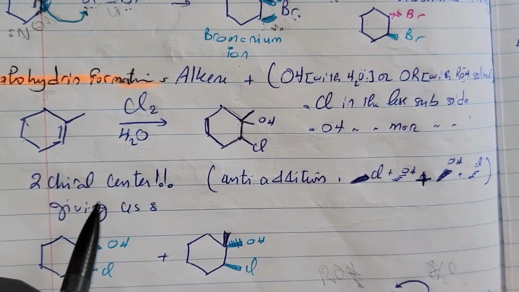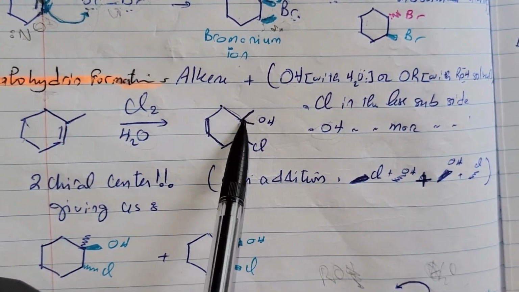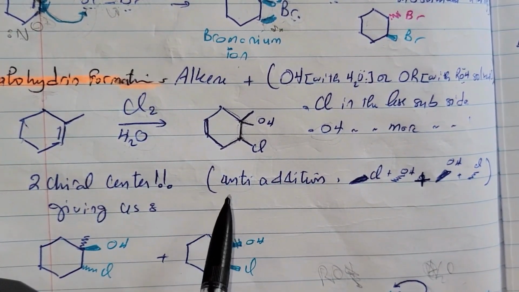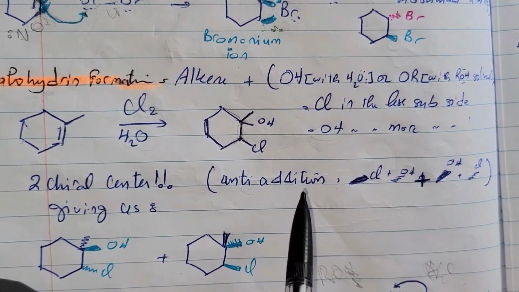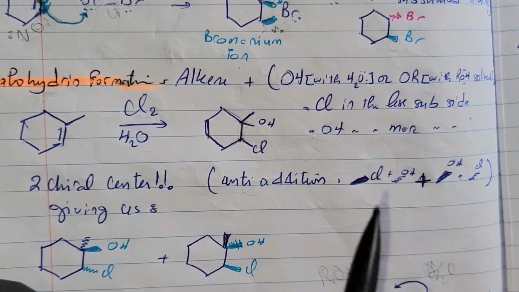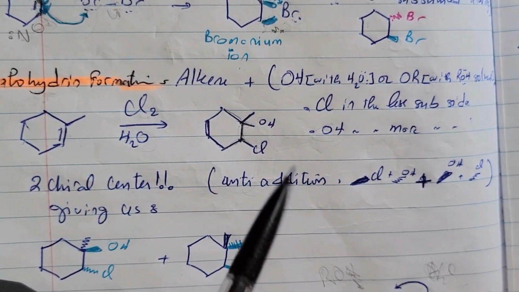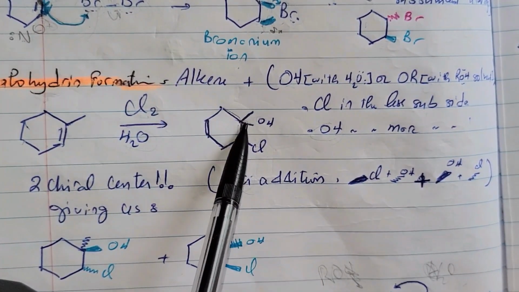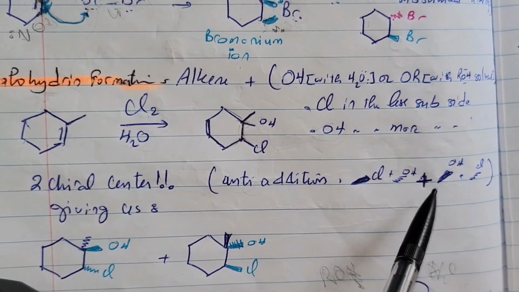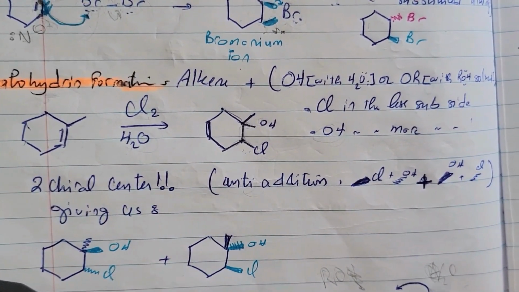So here we have two chiral centers for stereochemistry. This is a chiral center and this is a chiral center. Since it's an anti-addition reaction, we have two options. The chlorine is facing us and the OH is going to the back of the page, or the OH is facing us and the chlorine is going to the back of the page.